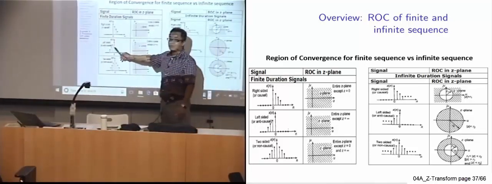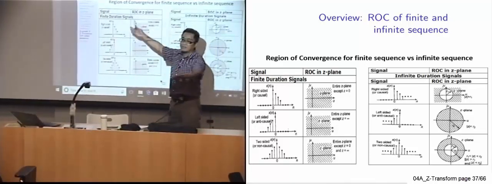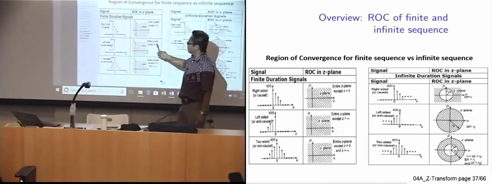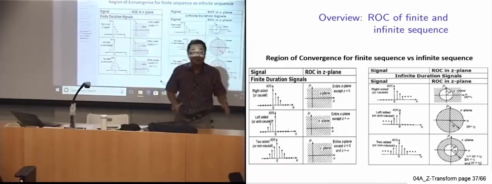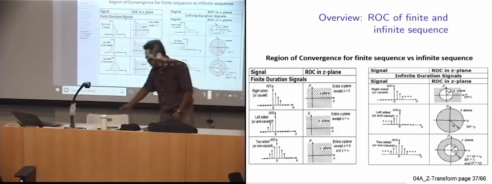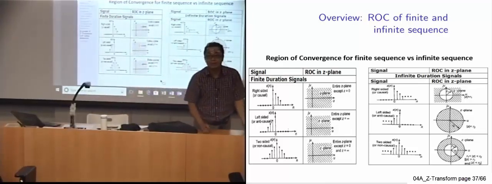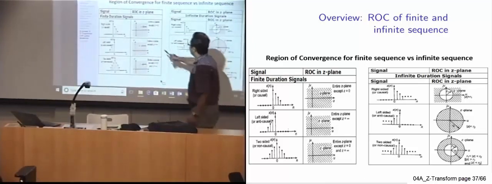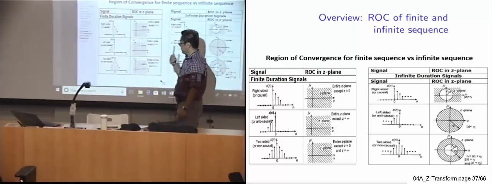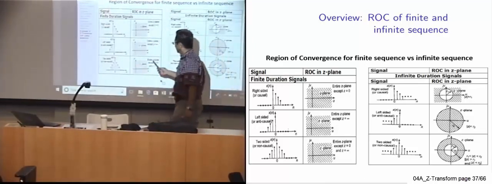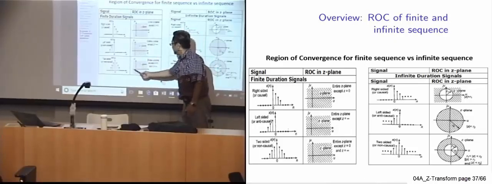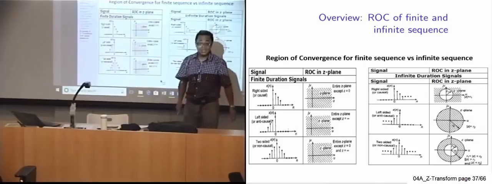The anti-causal sequence, also all Z plane except Z equals infinity. Okay? So far okay? So in fact, here, including 0, left and right side, everywhere except Z equals 0 and Z equals infinity.